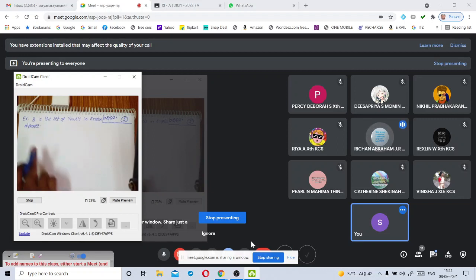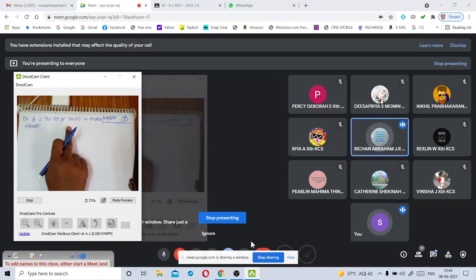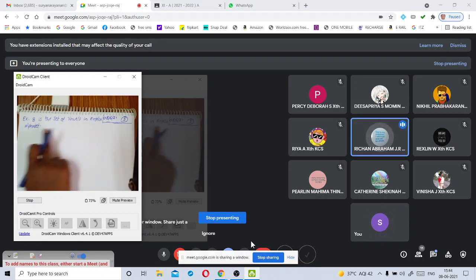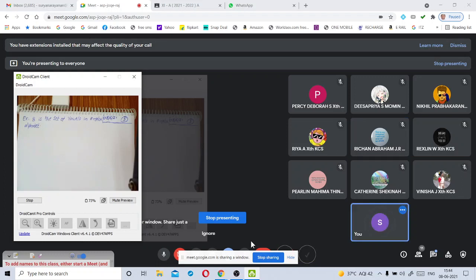Set B is the set... Okay, sir. B is the set of vowels in English alphabet. Do you remember what are the vowels in English alphabet? In English language, you have studied vowels and consonants. Yes or no? Vowels and consonants.